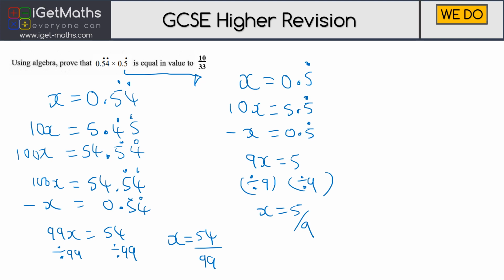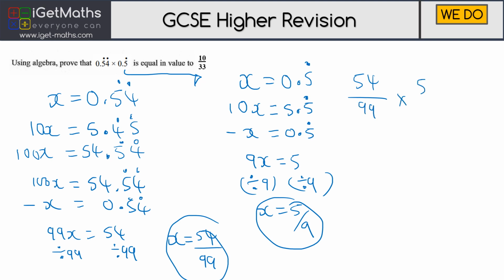Now we have both of these recurring decimals as fractions, we can go ahead and multiply this up. So quite simply, we've got 54 over 99 times 5 over 9, and we can just multiply this across.